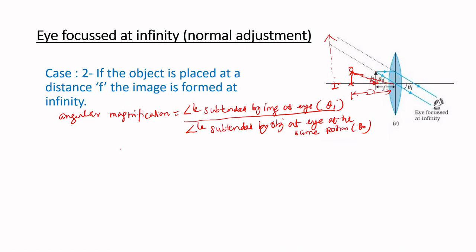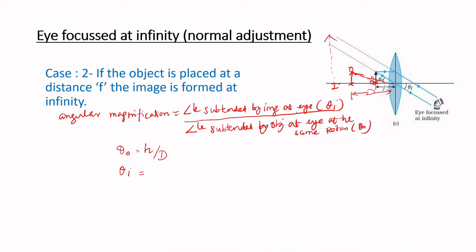When the object is at D, the theta O value is equal to h by d, because h is the height of the object and d is the distance where it was. So we found theta O. Now we have to find theta I at the same position.